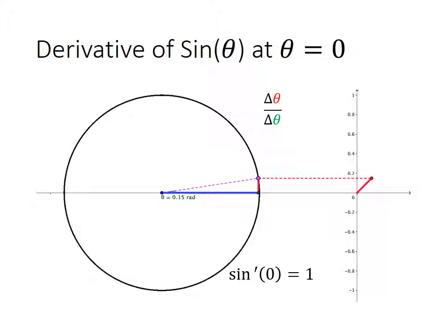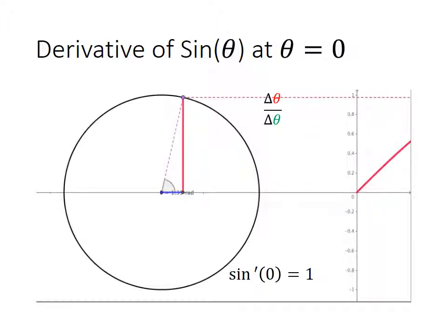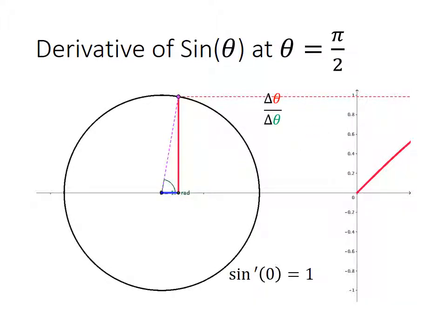Next, let's look at what happens when theta is close to 90 degrees, or pi over 2 radians. Since theta isn't close to 0, it's no longer the case that sine of theta is approximately the same value as theta. Now let's look at what happens to the ratio of sine of theta to theta as theta gets close to 90 degrees, or pi over 2 radians.